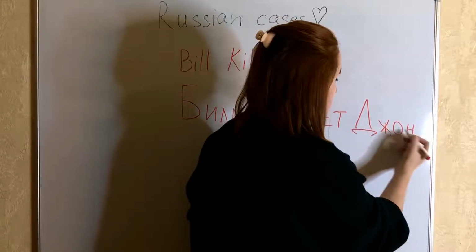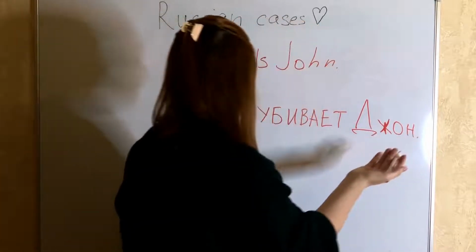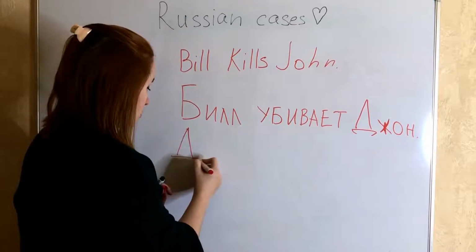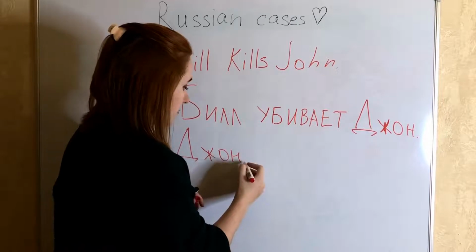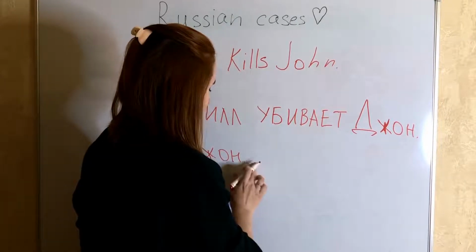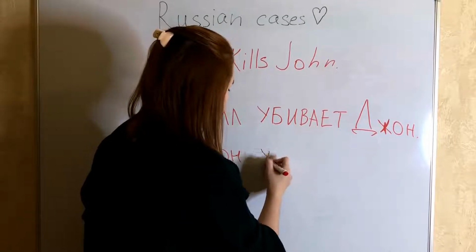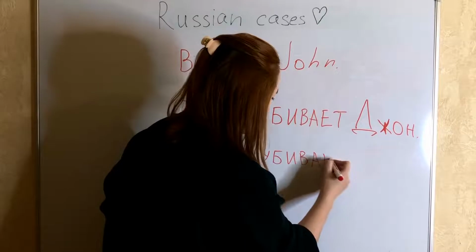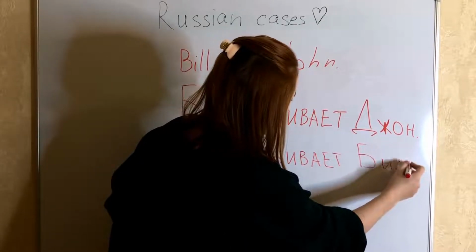Again, do you understand what's going on in this sentence? Because we can say John... We need the ending here, actually. So difficult to write with mistakes. Убивает Bill.